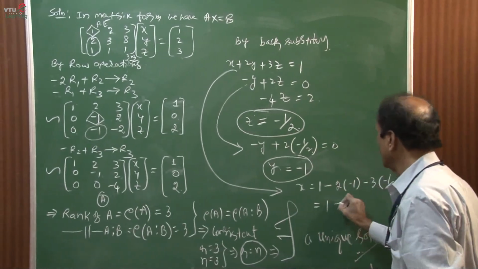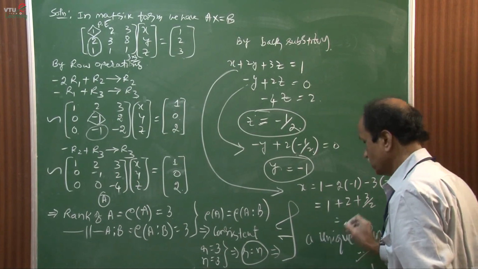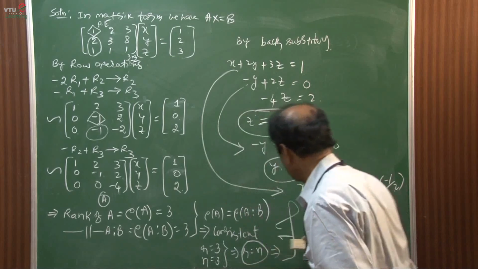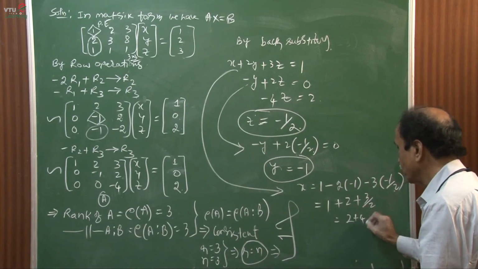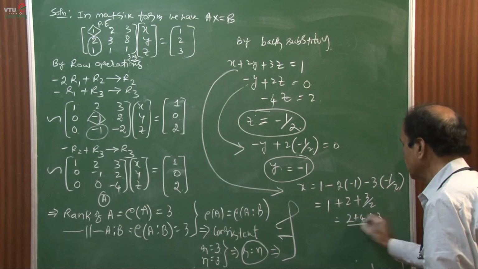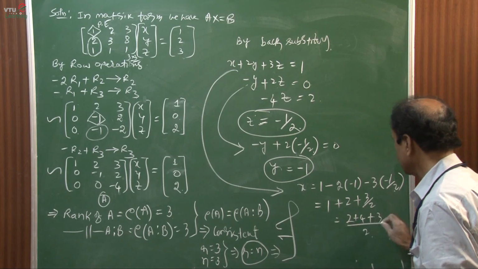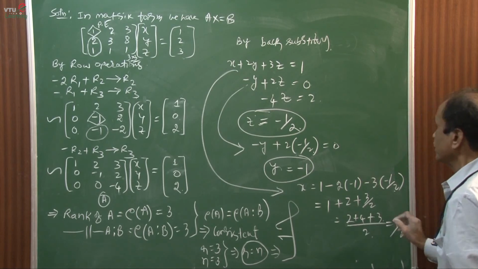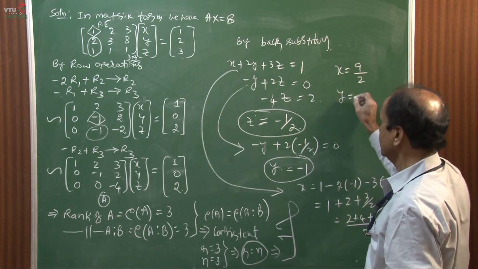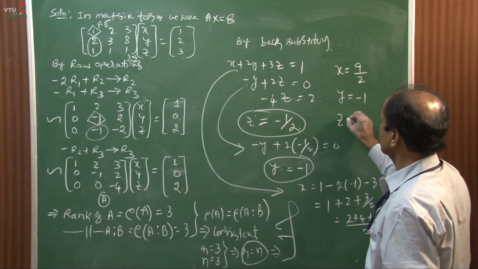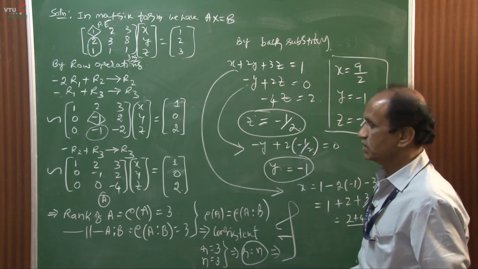So that is equal to 1 plus 2 plus 3 by 2, which is 2 plus 4 plus 3 divided by 2, 4 plus 2 is 6 plus 3, that is 9 by 2. Therefore, x equals 9 by 2, y is equal to minus 1 and z is equal to minus 1 by 2. So this is the solution.